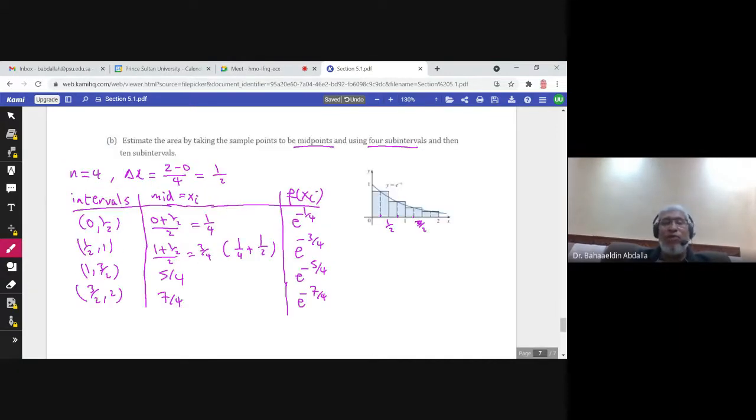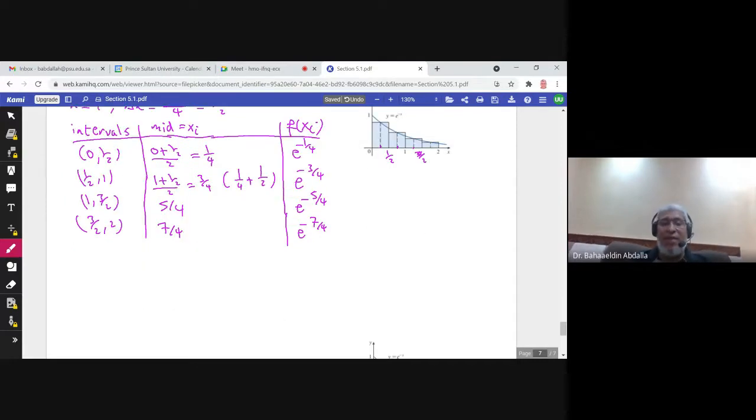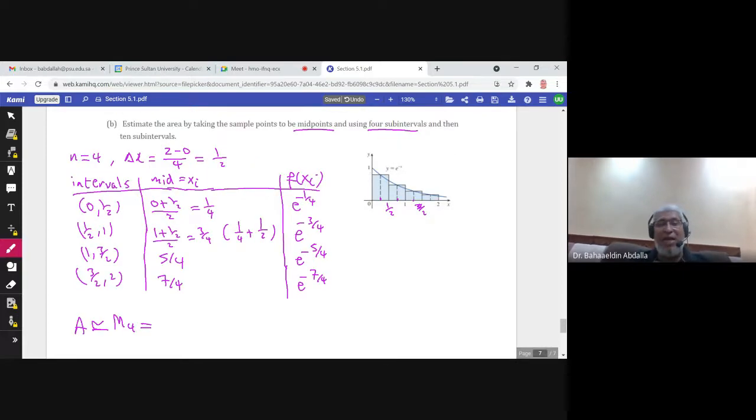Now, what would be the area estimated by M4? A is estimated by M4, which is the sum of the four rectangles using the midpoint. This is equal to the area of the first rectangle. What is the area of the first rectangle? The width times the height. The width is always half, so I can take half as a common factor.